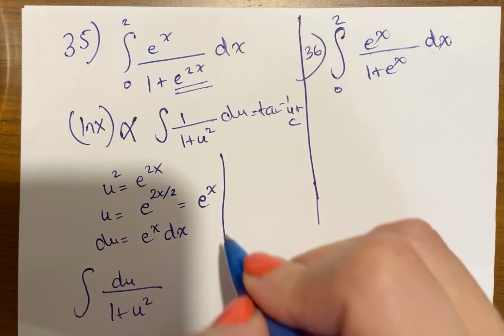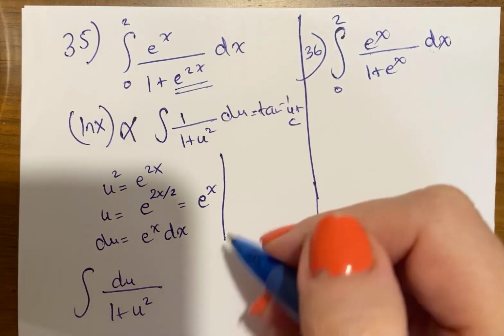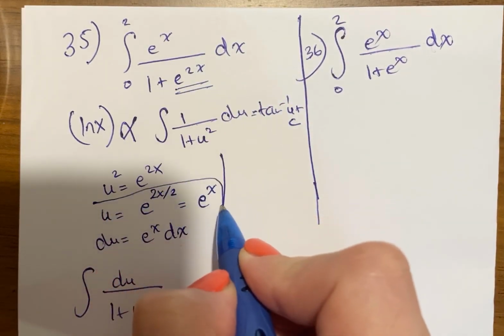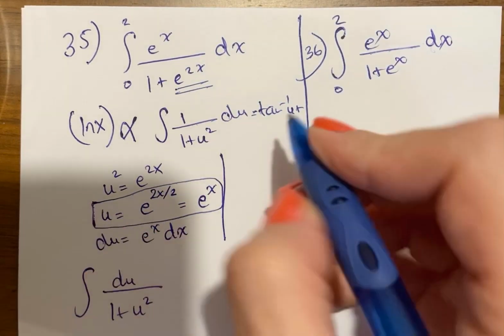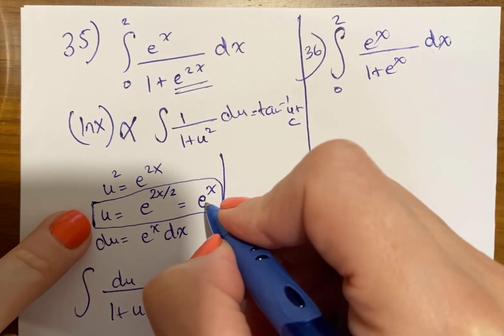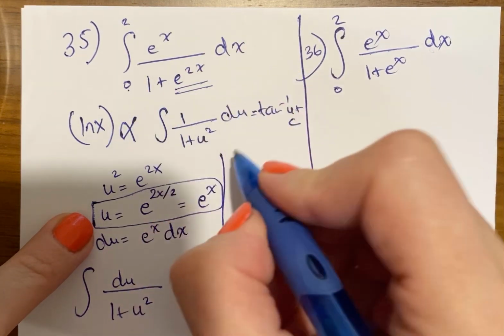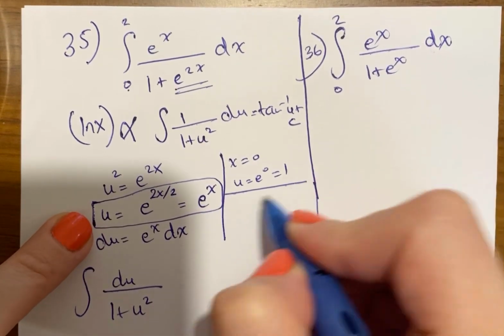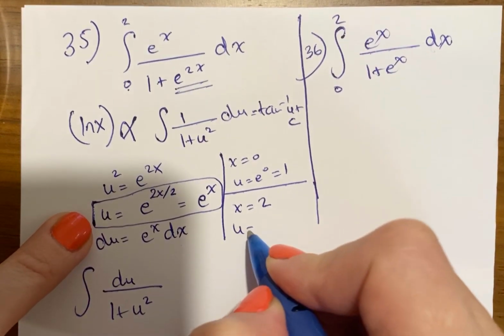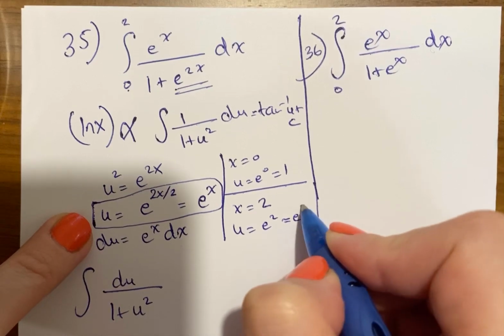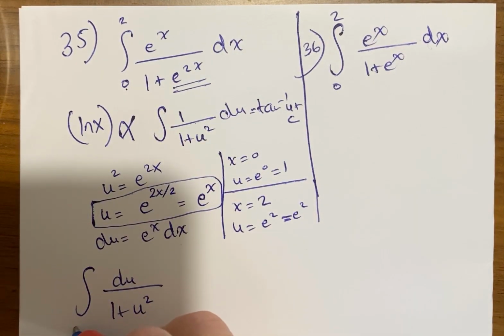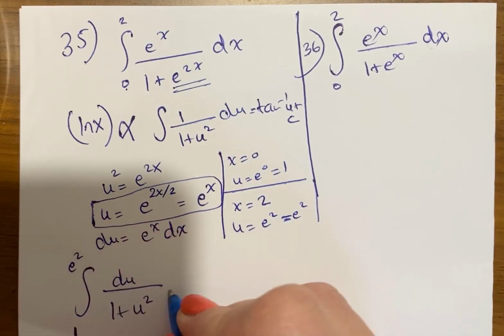But since it's a definite integral, what is the one extra step that you have to do? You have to use this to find what the values of u are. So when x is 0, u is e to the power 0, which is 1. When x is 2, u is e to the power 2, which cannot be simplified. So now the limits change from 0 to 2 to from 1 to e squared.